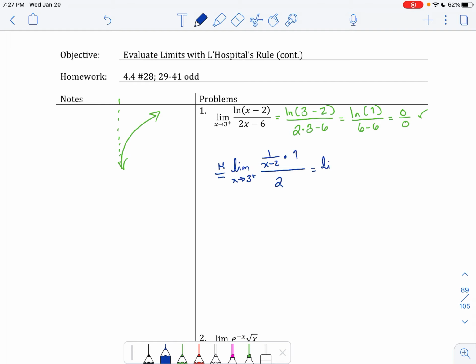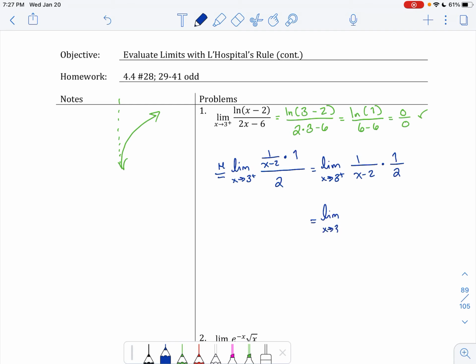Now I'm going to simplify that. I end up with the limit as x approaches 3 from the right of 1 times 1 over x minus 2. So that's 1 over x minus 2. And I usually think about this when I have a fraction in a fraction, as instead of divided by 2 here, as times a half. Makes it a little bit easier to simplify.